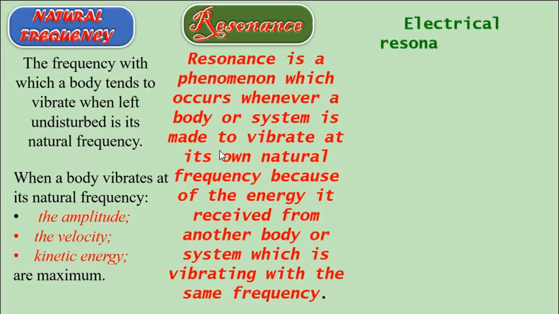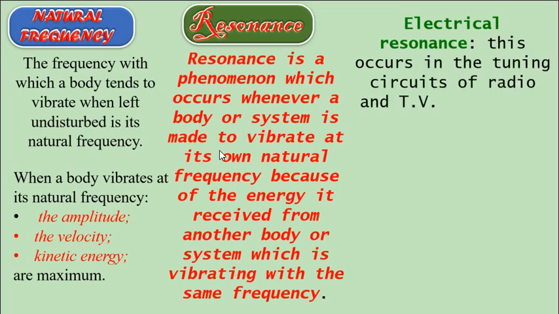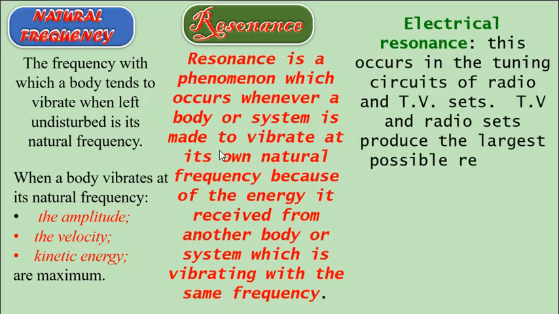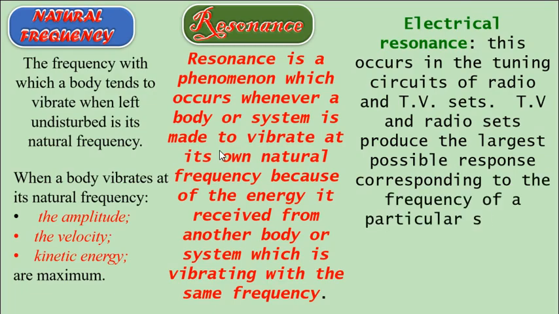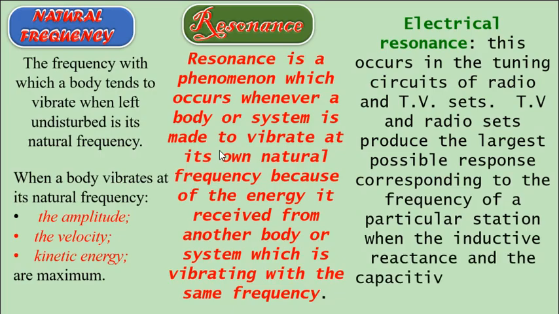Number one, we look at electrical resonance. Electrical resonance happens in radio and TV circuits, radio set and TV set circuits. The radio set and TV set produce the largest maximum response corresponding to the frequency of a particular station when the inductive reactance and capacitive reactance become equal. Remember, there is an inductor and there is a capacitor.